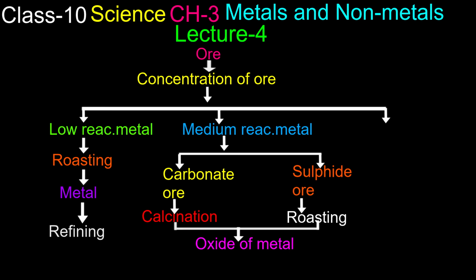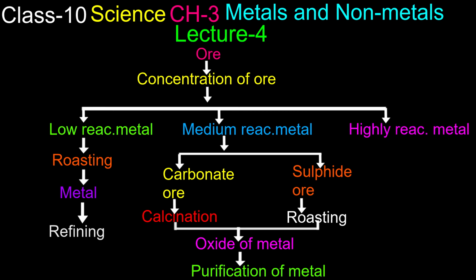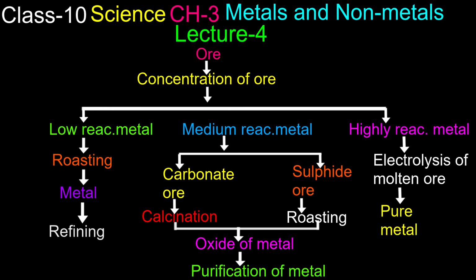And then the metal oxides are heated with carbon to get the metal. Means carbon is used as a reducing agent here. Highly reactive metals like first and second group metals are extracted by electrolysis of their molten salts or other suitable molten salt.